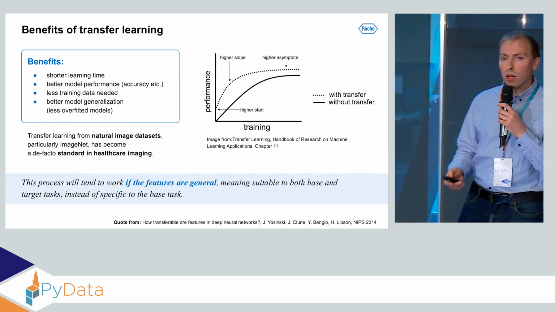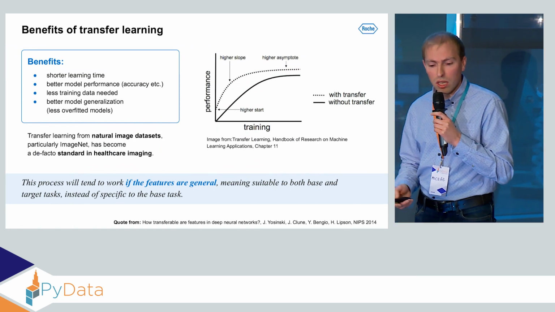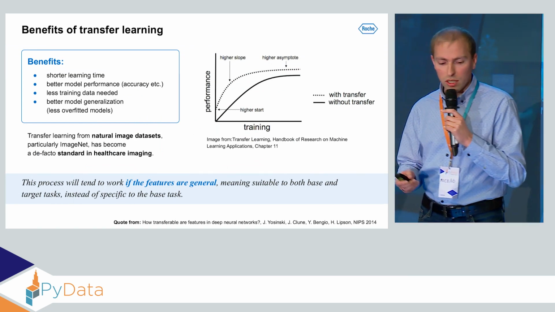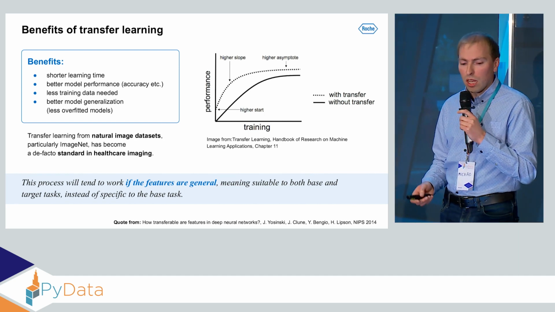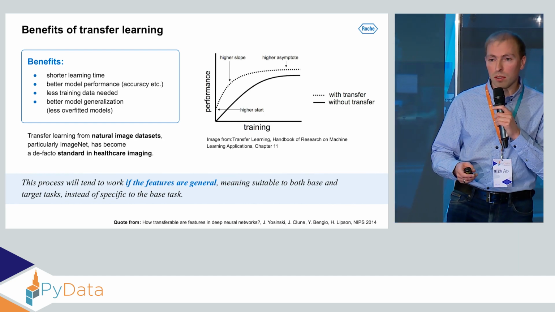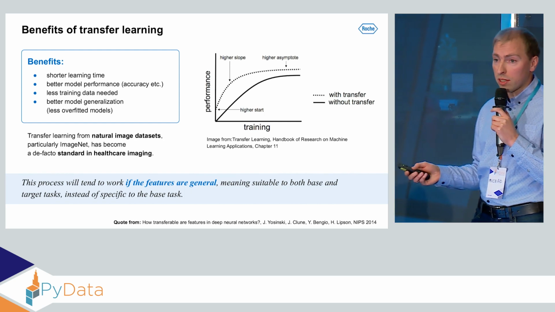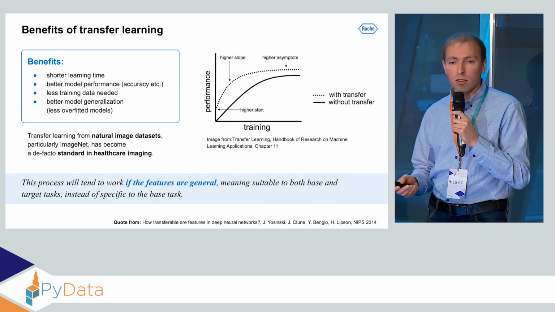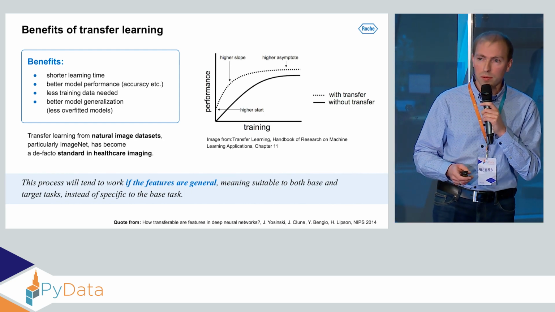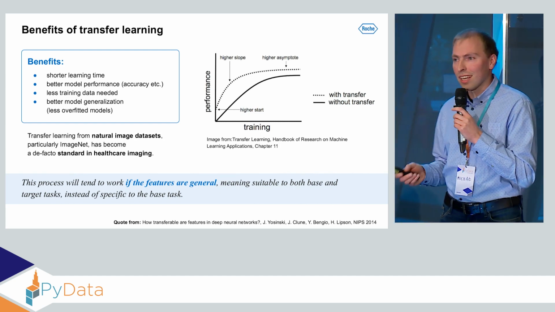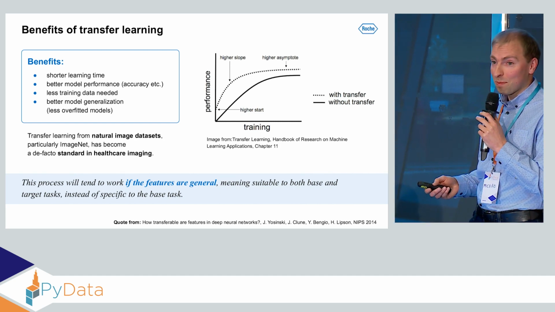The benefits of transfer learning are well known. We can train our model in a shorter time using less data. Moreover, our model may end up with higher accuracy, and this kind of model also tends to generalize better. So this all sounds really great, isn't it?